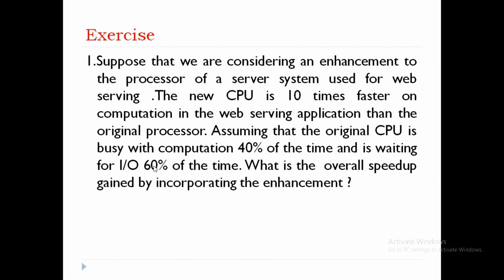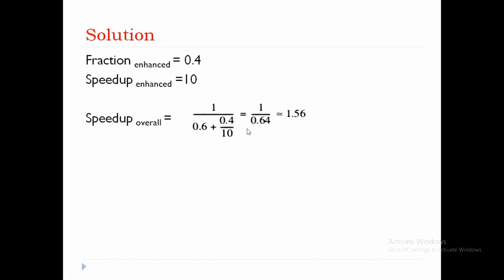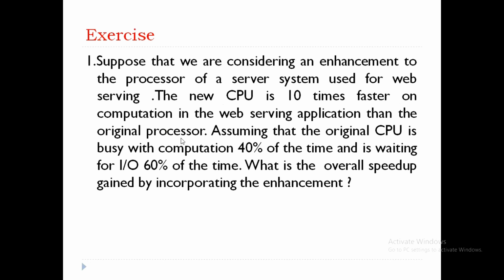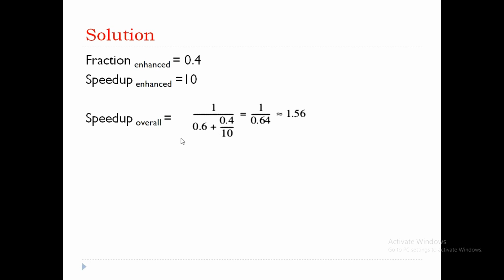So the 40% busy time is the fraction enhanced, and the speedup enhanced is 10 times faster. We can compute the overall speedup using this equation: speedup overall is equal to 1 divided by (1 minus fraction enhanced) plus fraction enhanced divided by speedup enhanced, and we will get the final result.